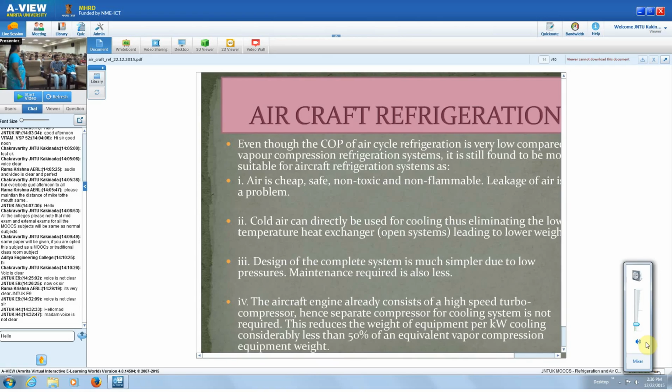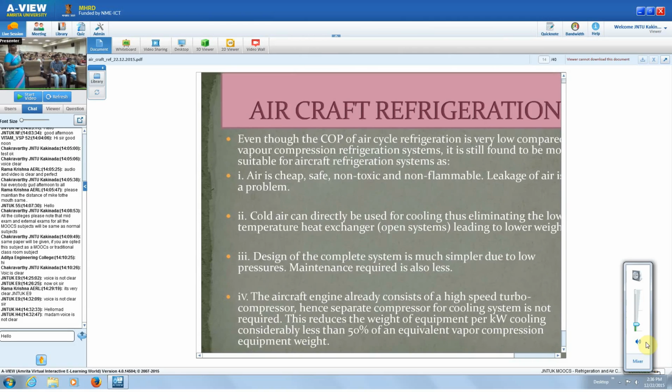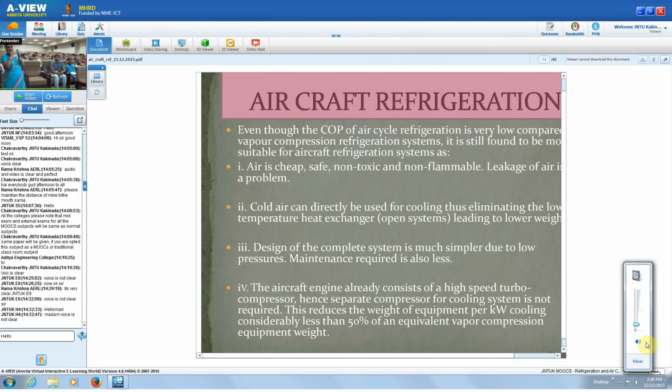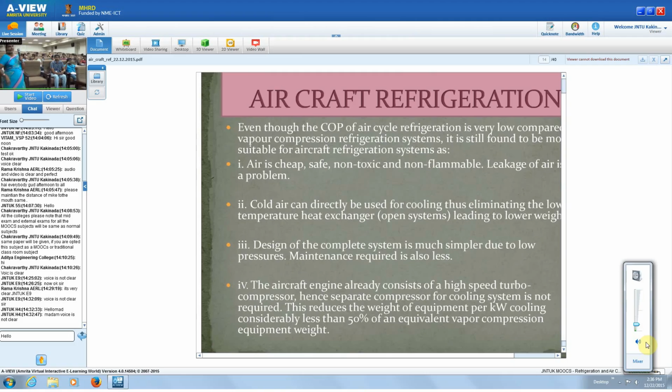So why is air used as the refrigerant? Already we have seen this in the last class. Again, in aircraft refrigeration, air is used even though the COP is very low, because air is cheap, safe, non-toxic, non-flammable. Already we have seen the number of advantages of the air refrigeration system.